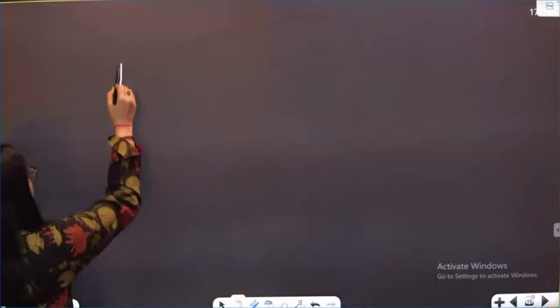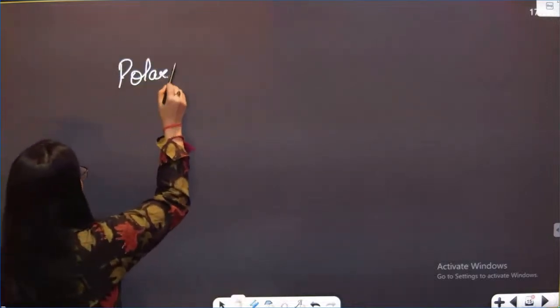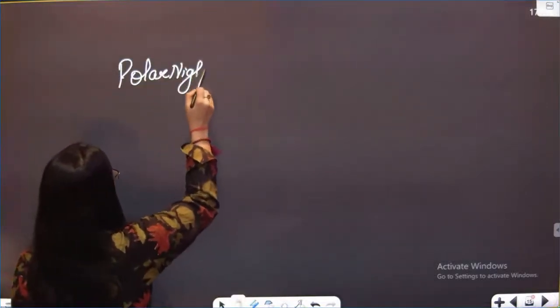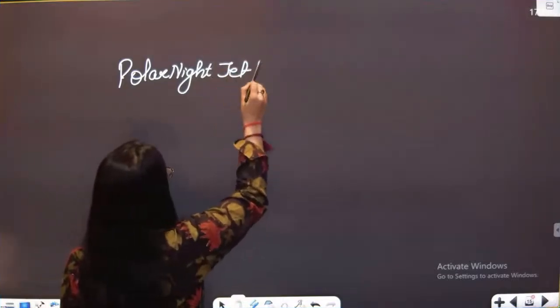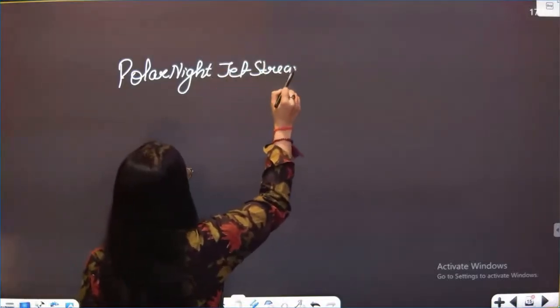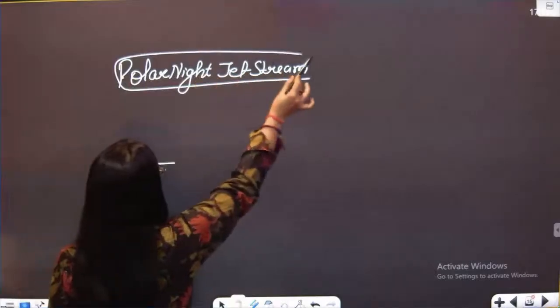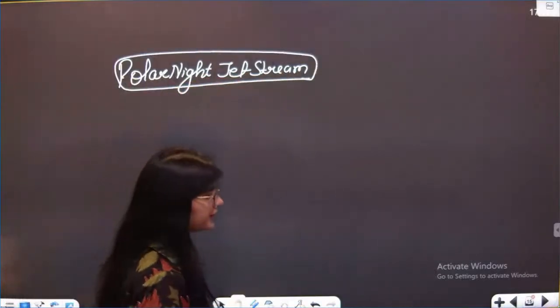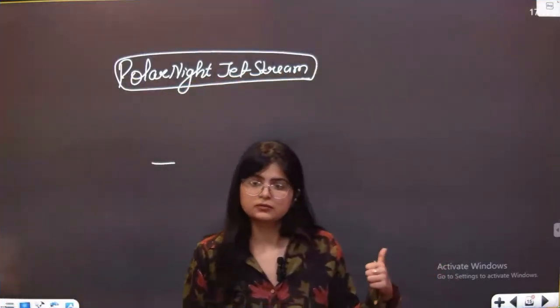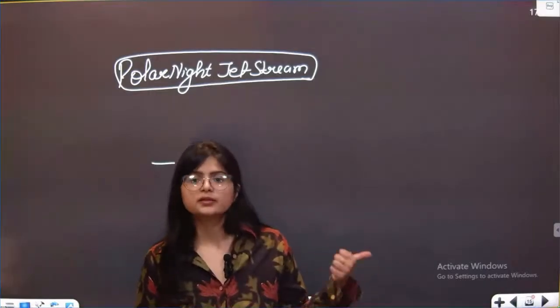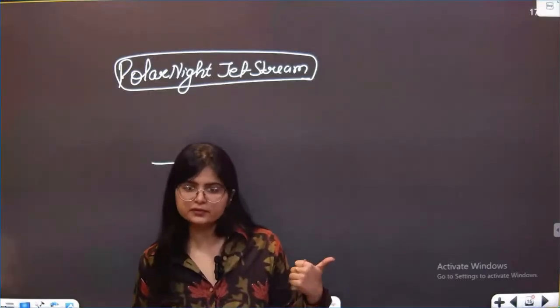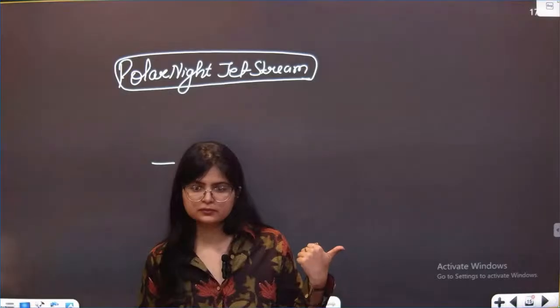Now the very important one, the second last one, we have moved to the polar night jet stream. What is the first description that we have to do about the polar night jet stream? That it is what? It is stratospheric. Where is the stratosphere? Yes.